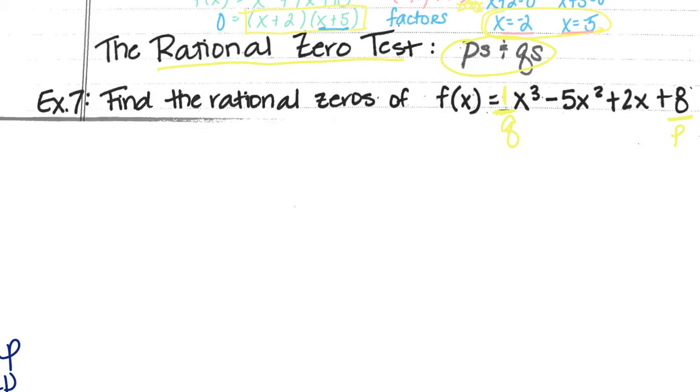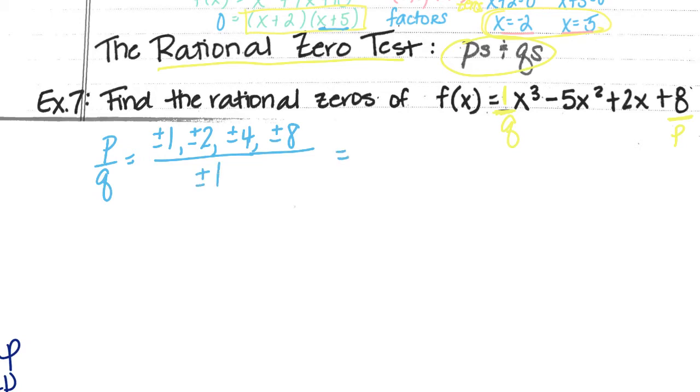So what we're going to do is find all our P over Q's, but I have to write all the factors of 8. Well, 1 and -1, 2 and -2, 4 and -4, 8 and -8 all go into 8. The only factors I have of 1 are 1.